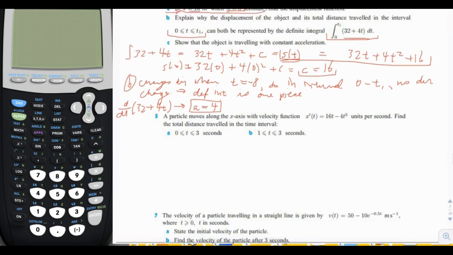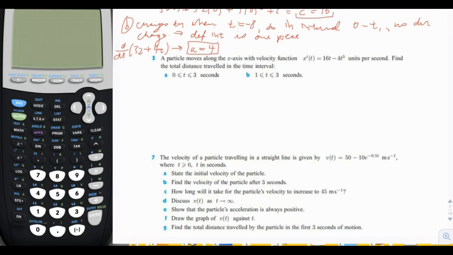Okay, number 5. A particle moves along the x-axis with the velocity function x dash equals 16t minus 4t cubed units per second. Find the total distance traveled in the time interval given. So let's see.